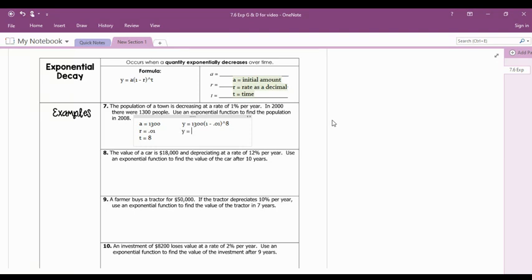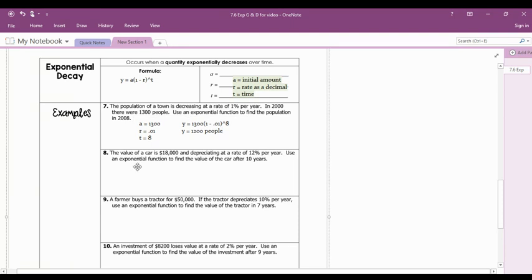So y equals, and this turned out to be 1,200 people. Notice we want to put our labels on these and round it to a whole number because it's people. And so there you go. That's number 7.